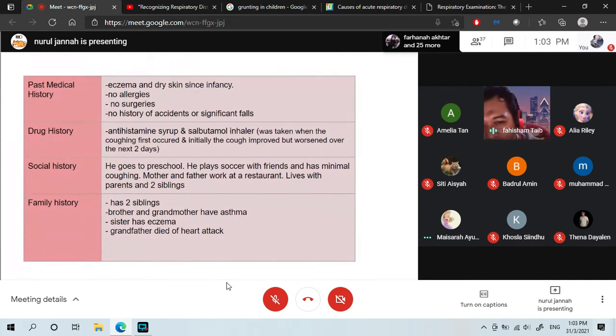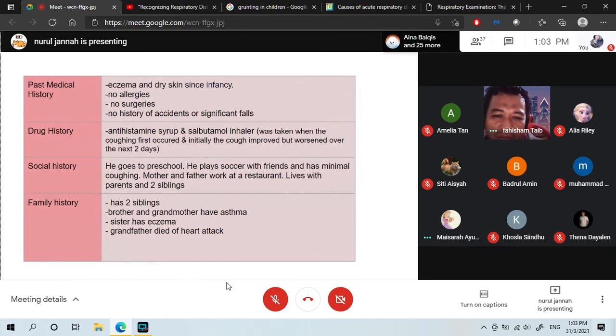How was salbutamol administered? After he is coughing, the mother will give it. Was it given directly, or was it using an aero chamber or spacer, or what?